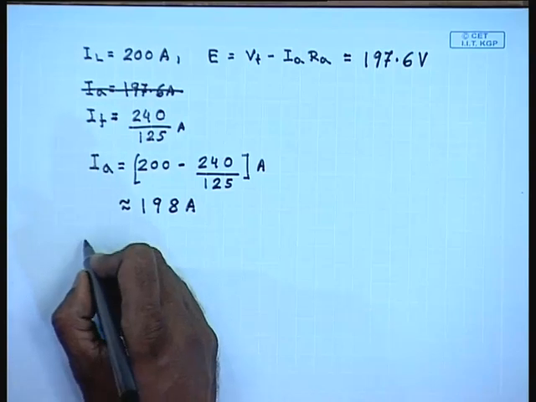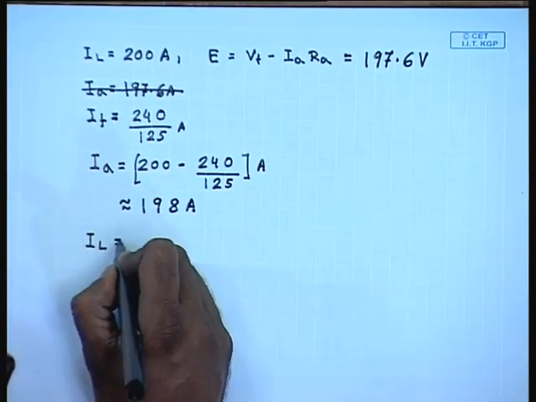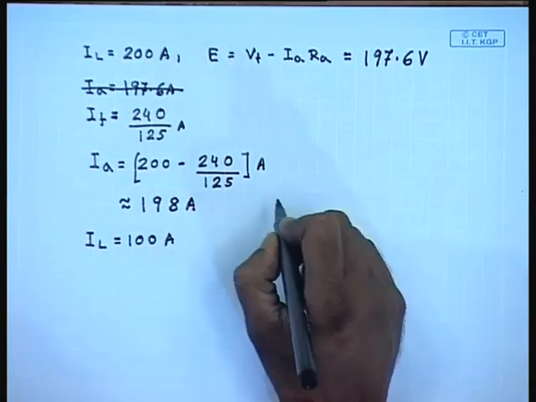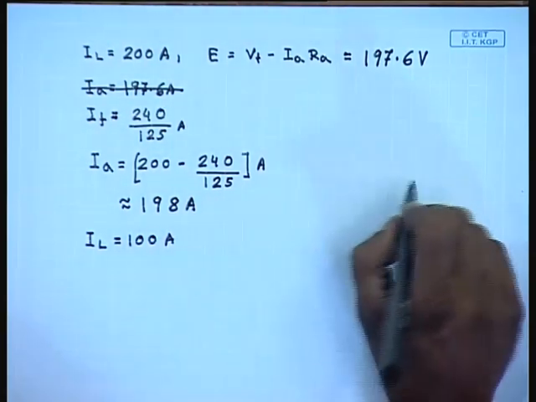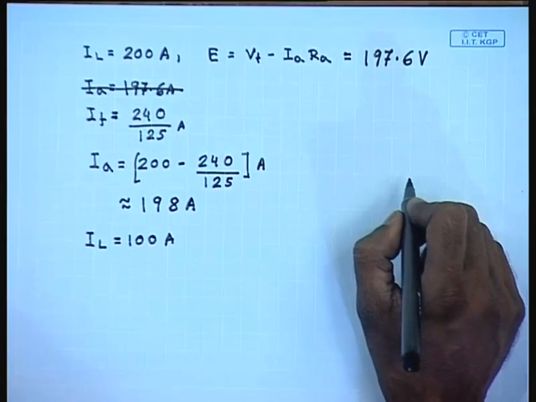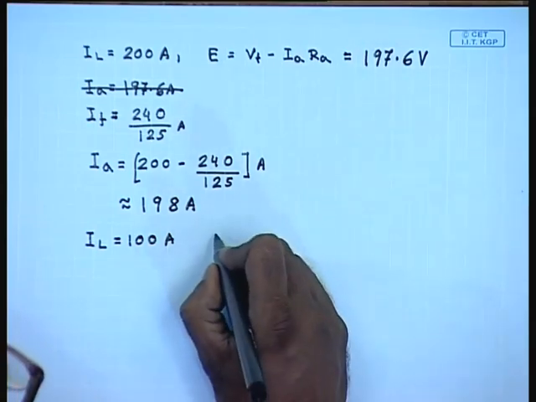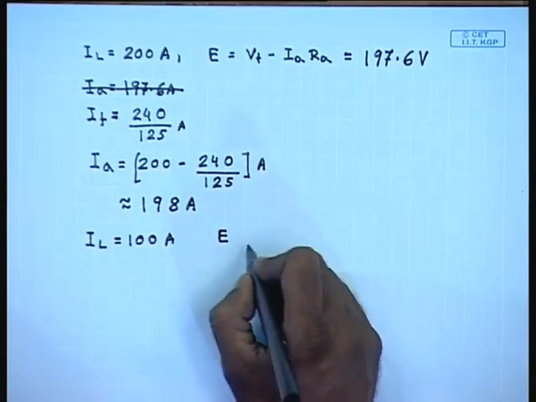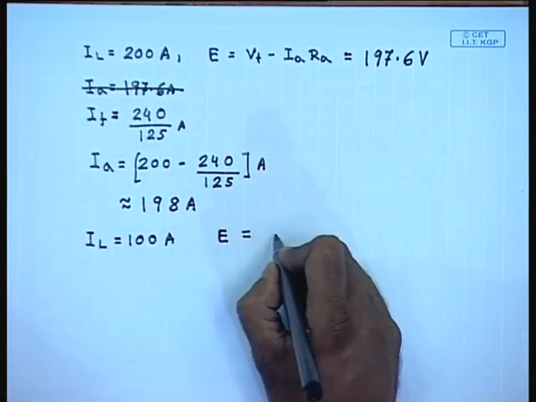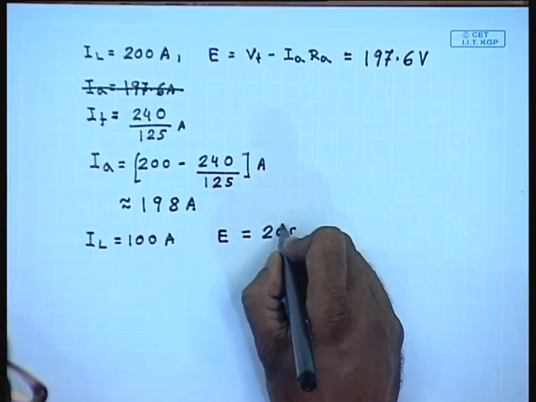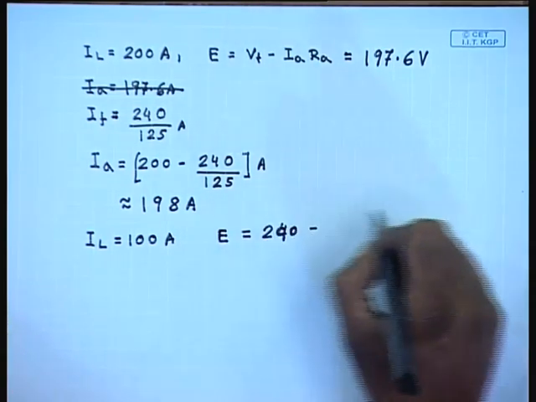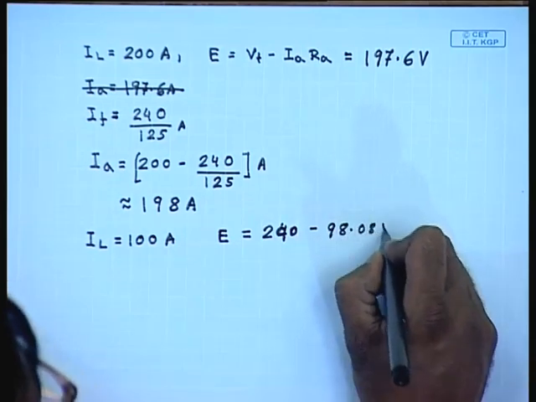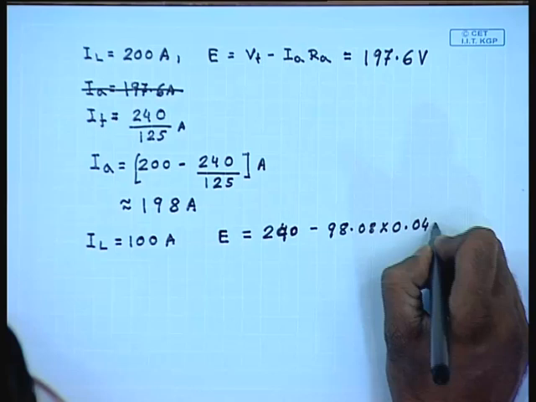And when IL equal to 100 ampere, E is 240 minus 98.08 into 0.04 ohm.